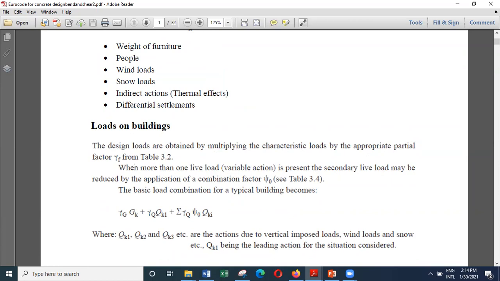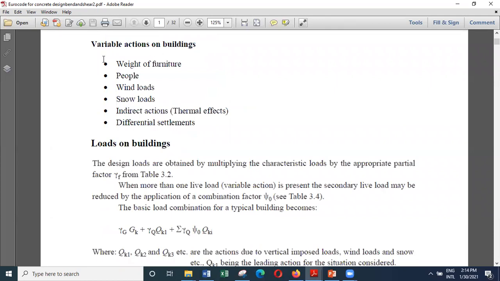And then when you are looking at the variable actions, we consider only one of the actions as primary action, and the others are considered as secondary actions. So when it comes to the variable actions or live loads, we consider only one variable action as the primary.